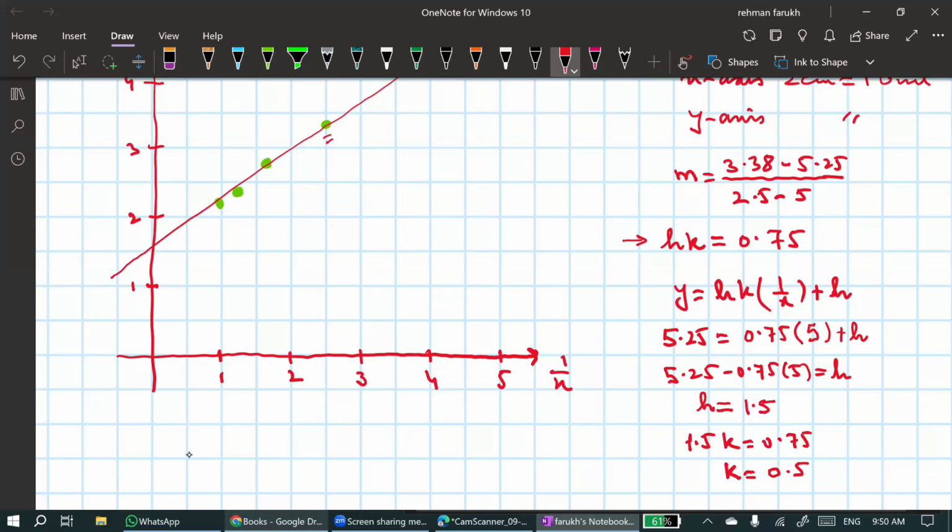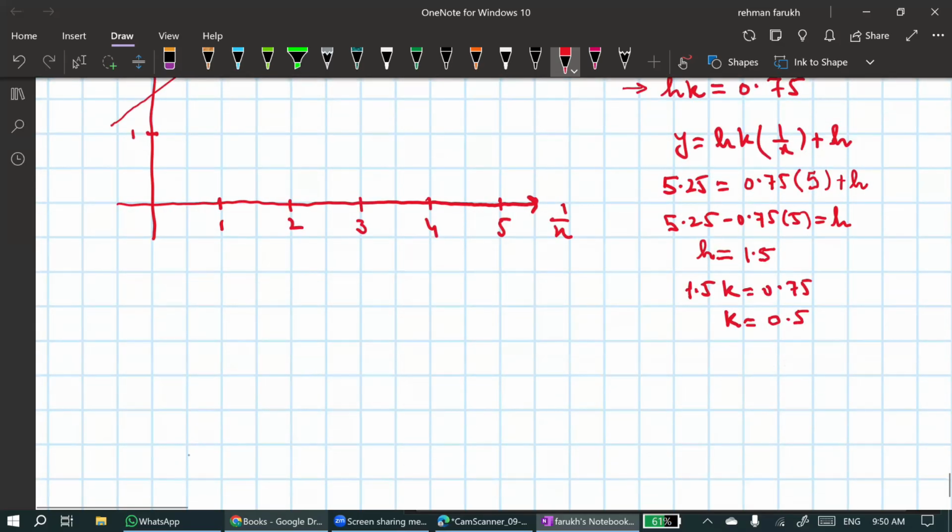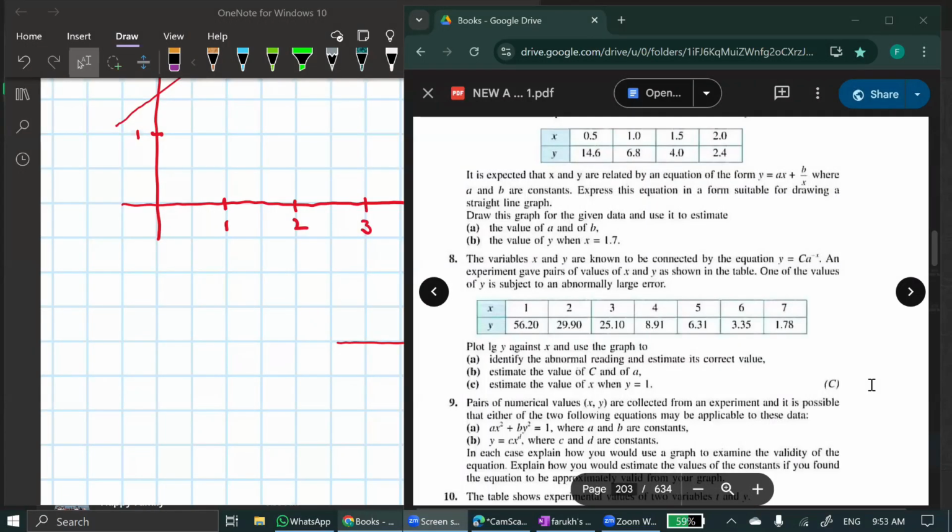Okay. Now I will attempt another question in which there will be a logarithm. We will have to use logarithm to convert the equation into linear form. Look at question number 8.